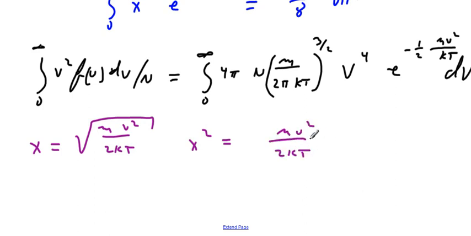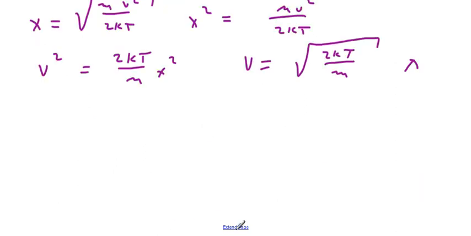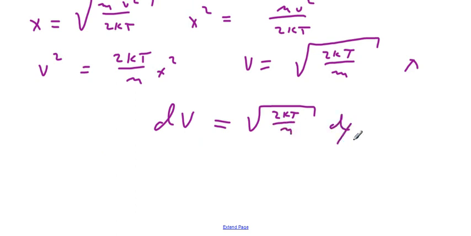We're going to let v squared be 2kT over m times x squared, and we're going to let v be the square root of 2kT over m times x, and we're going to let dv be the square root of 2kT over m dx. And then we're going to substitute all those things in.